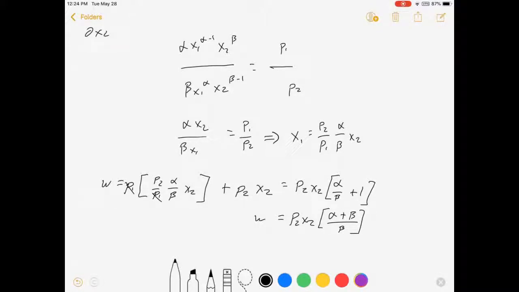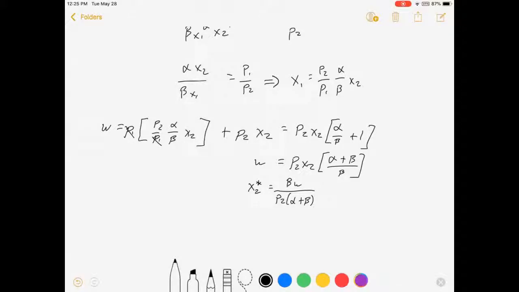So to solve for the demand for good 2, x2 star, we're just going to isolate that out of this. You can get beta W over p2 times alpha plus beta.